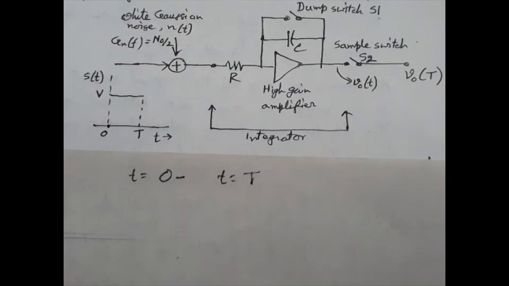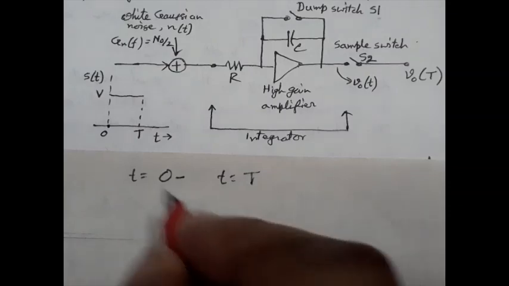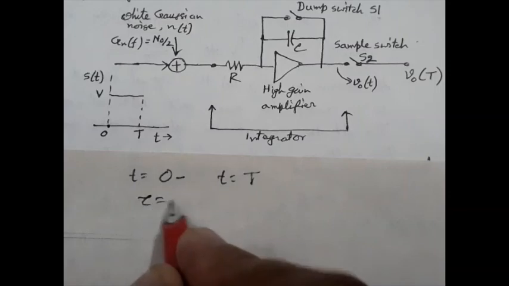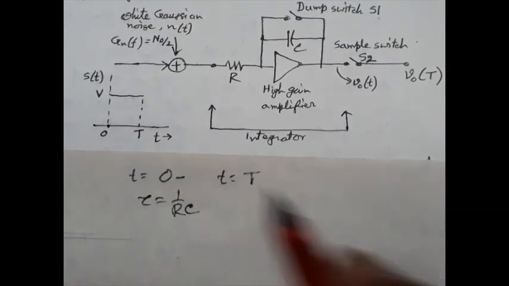Now the integrator yields an output which is the integral of the input multiplied by the time constant 1 by RC. So here the time constant is tau equal to RC.